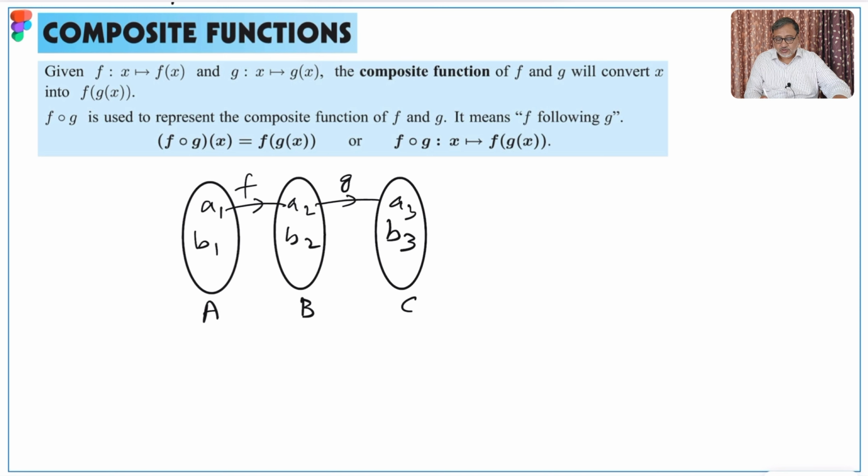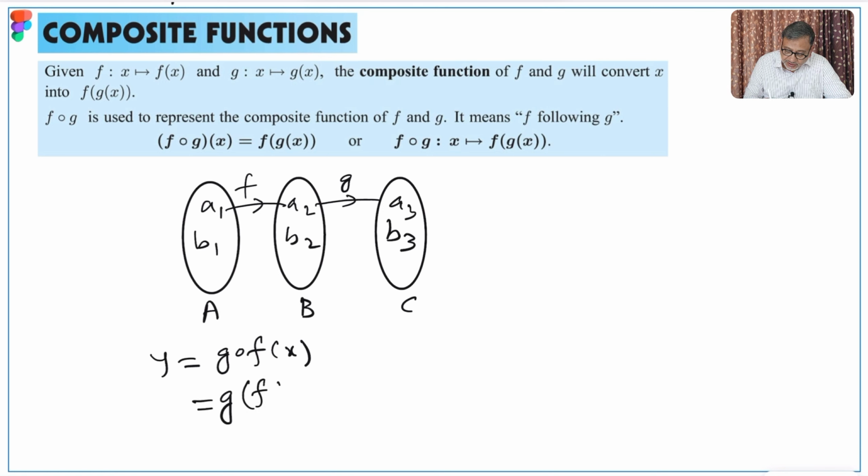So g dot f of x, we can write y is equal to g dot f of x, and we can write it as g of f of x, right? Like this. We go from right to left.